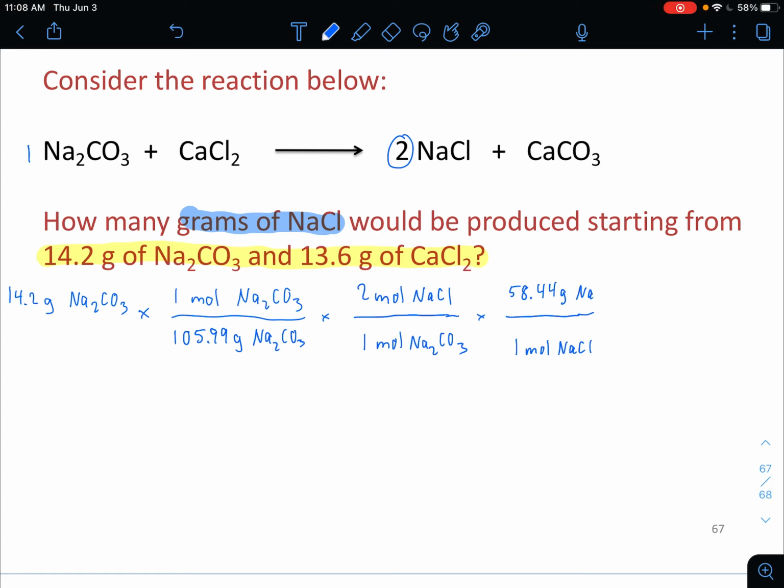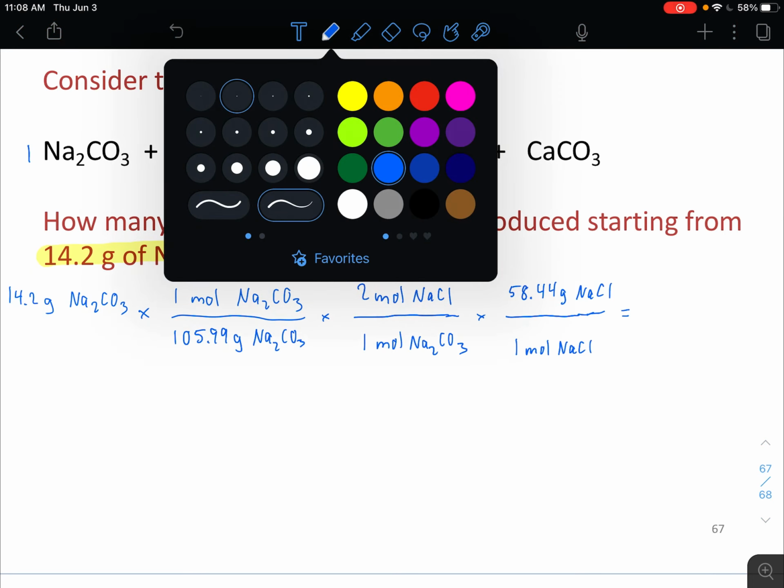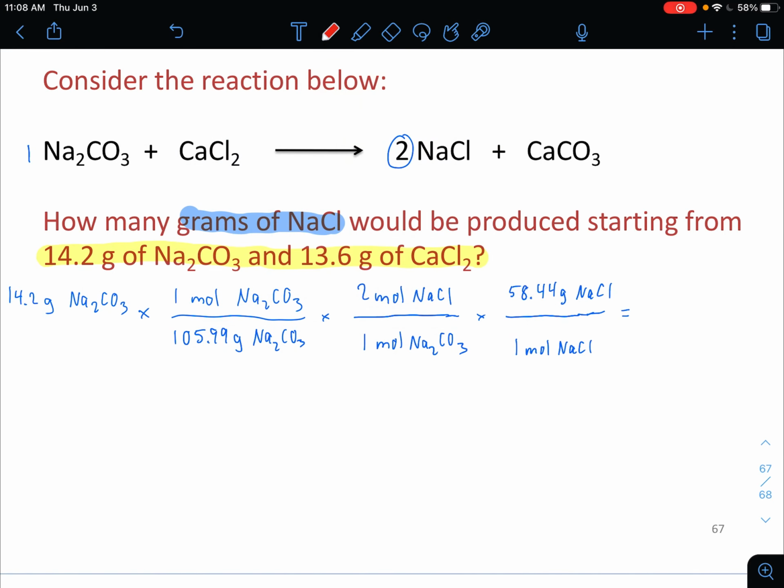58.44 grams NaCl. Just because we keep using these numbers, I've just copied them from before, but we can figure them out. Grams of reactant goes with grams of reactant, moles of reactant goes with moles of reactant, moles of product goes with moles of product. Left with my correct units of grams of product.